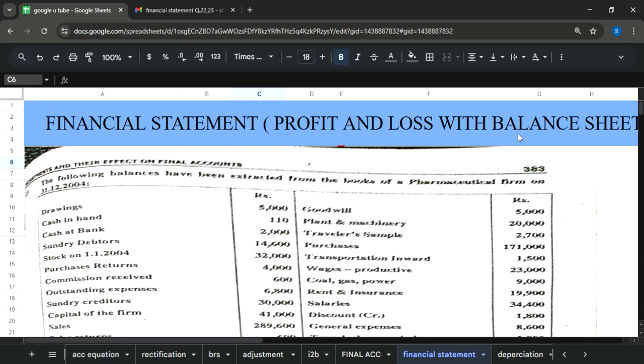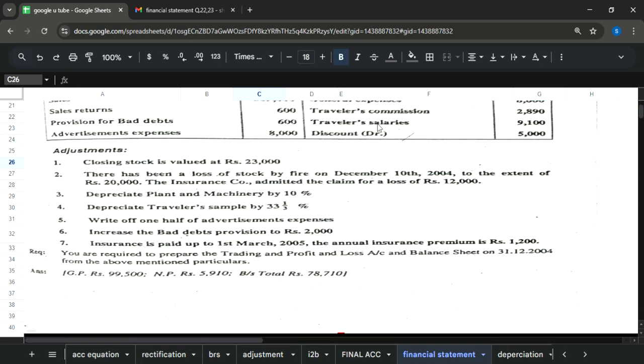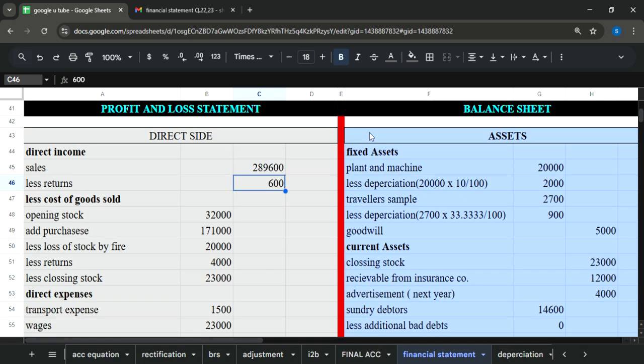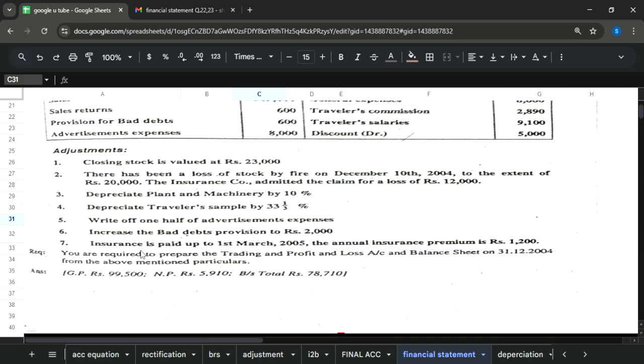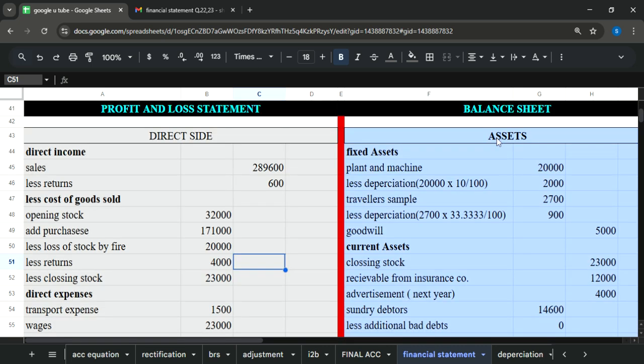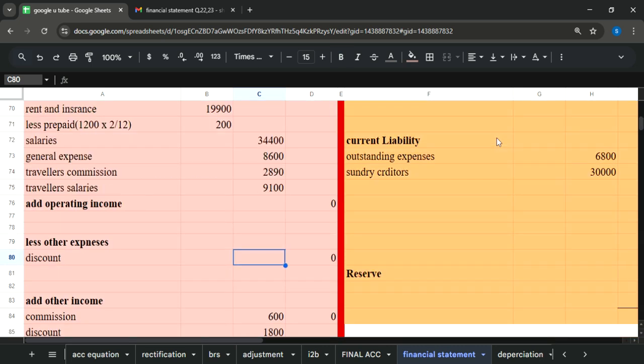After travelers salaries we have discount and debit is mentioned, so we'll go to other expense side, and here we will mention discount. Since it is written on expense side, we can assume that it's an expense. We do not need to write debit. 5000 is your discount amount.